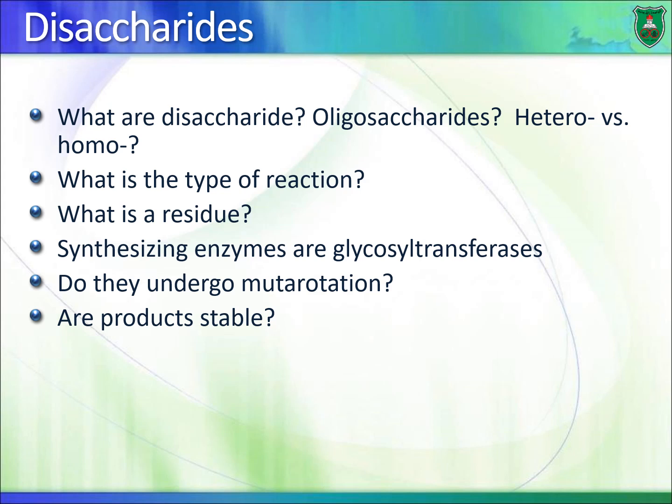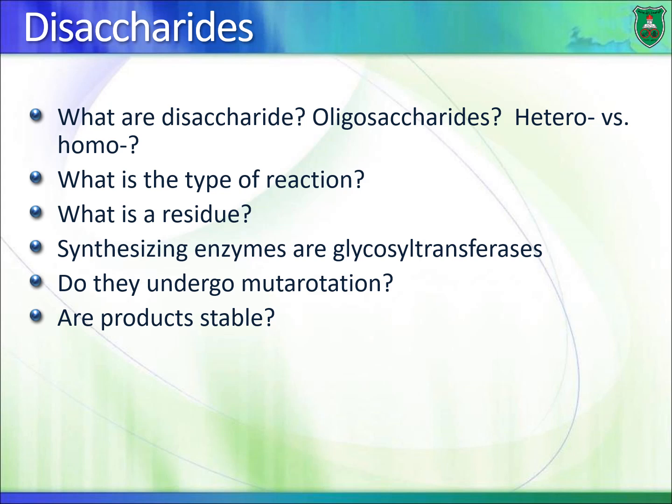If one of them is different, then we call this molecule heterosaccharides. Now, this is basically a condensation reaction where we have linkage of two monosaccharides to each other, resulting in the release of water. So it is a condensation reaction.